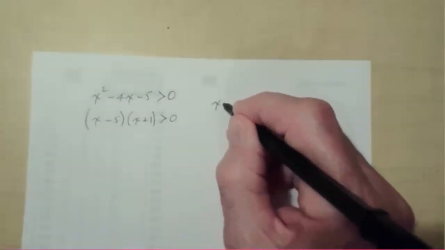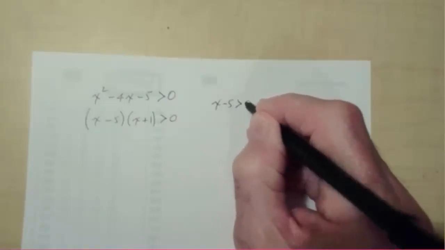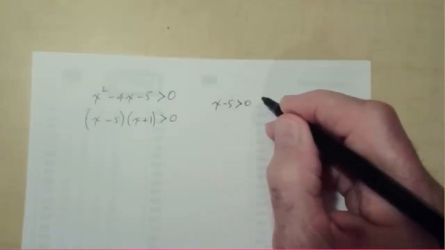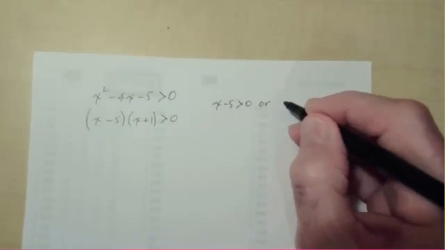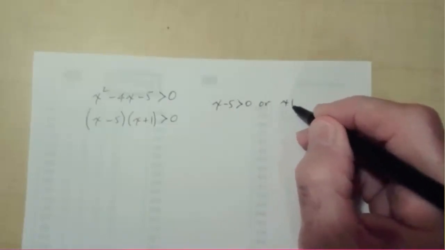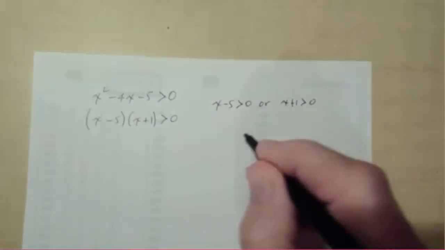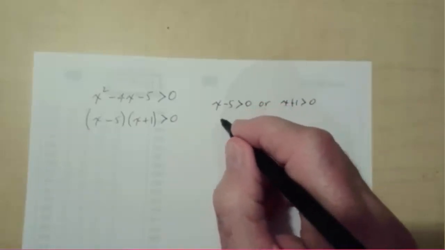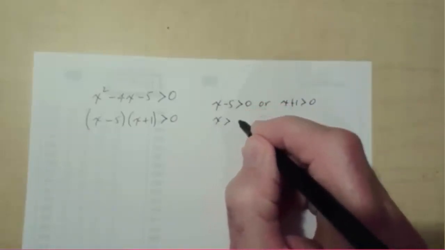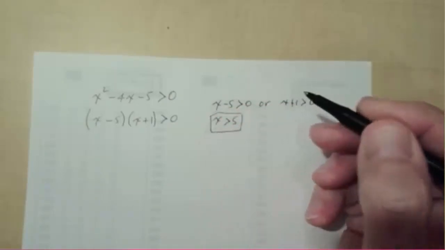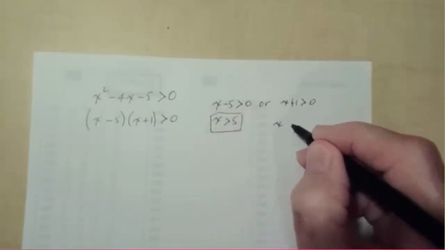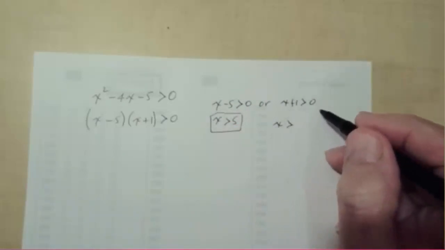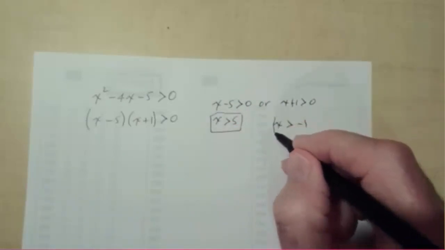X minus 5 greater than 0, or x plus 1 greater than 0. So x is going to be greater than 5, I'm going to add 5 to each side. And x is greater than negative 1.